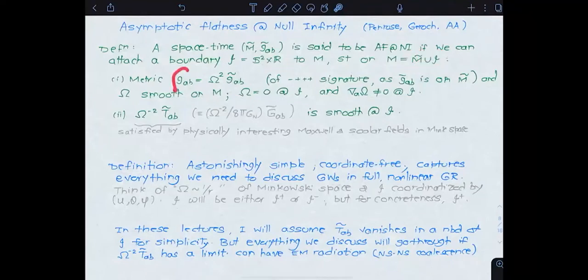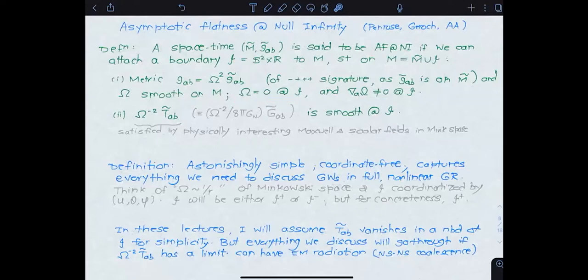There's a metric which is conformally related to the physical metric, which has the same signature, and such that this omega is smooth everywhere on the conformally rescaled space-time, but it's equal to 0 at Scri.